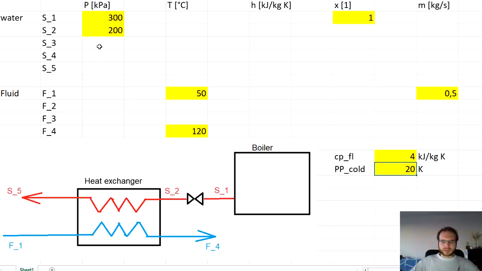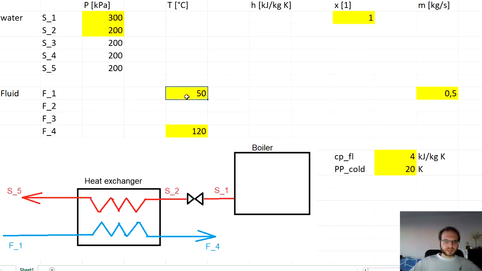So now we can fill some other parameters in the table, because we know that the pressure at the points S3, S4, S5 will be probably the same, because there were no specified pressure losses. And then we have the pinch point 20 kelvins between point S5 and F1.